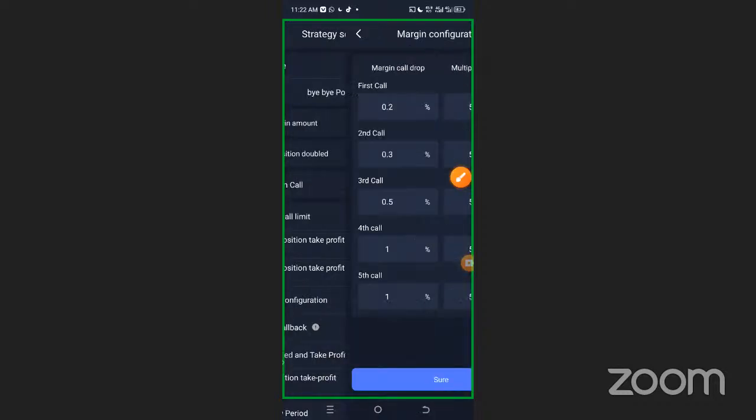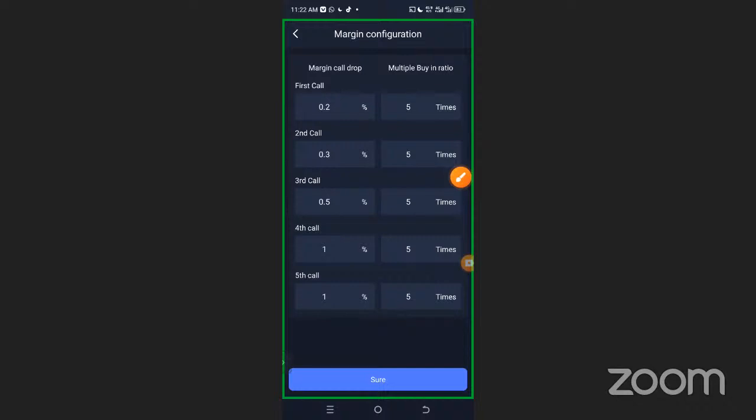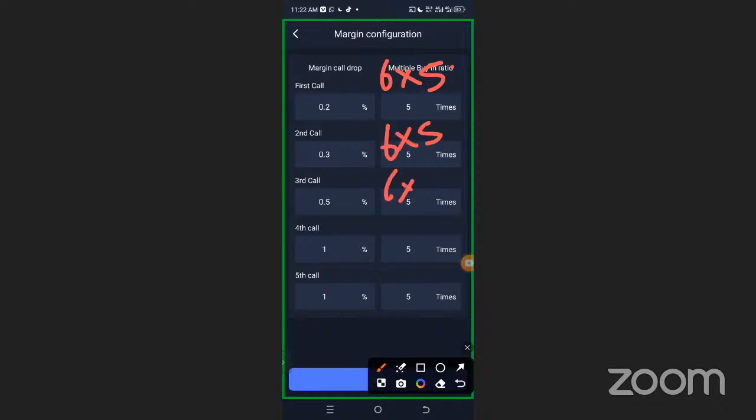Meaning that when the robot is buying the margin calls, it is going to use $60 as first buy-in amount. Therefore, it is going to be 6 times 5. The same thing here, 6 times 5.